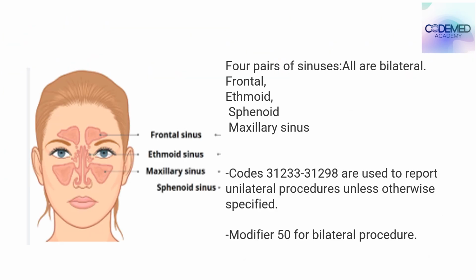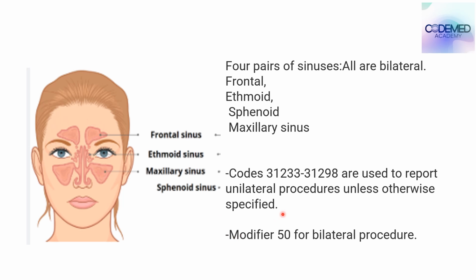Now the next important organ is the paranasal sinuses. There are four pairs of sinuses. Remember, these are four pairs. All are bilateral. So here it is the frontal sinus. Then you will have a maxillary sinus, and then you will have an ethmoidal sinus, and then you will have a sphenoidal sinus. So what you can see in front is mainly the frontal and maxillary sinus.